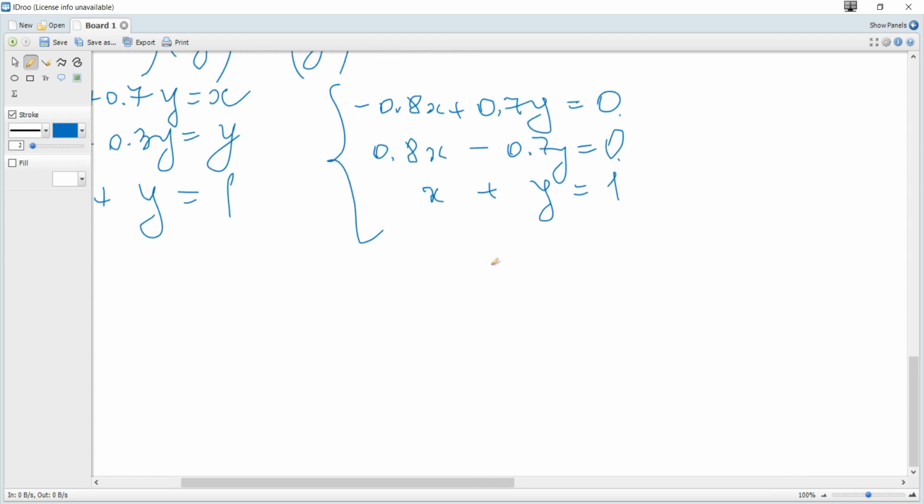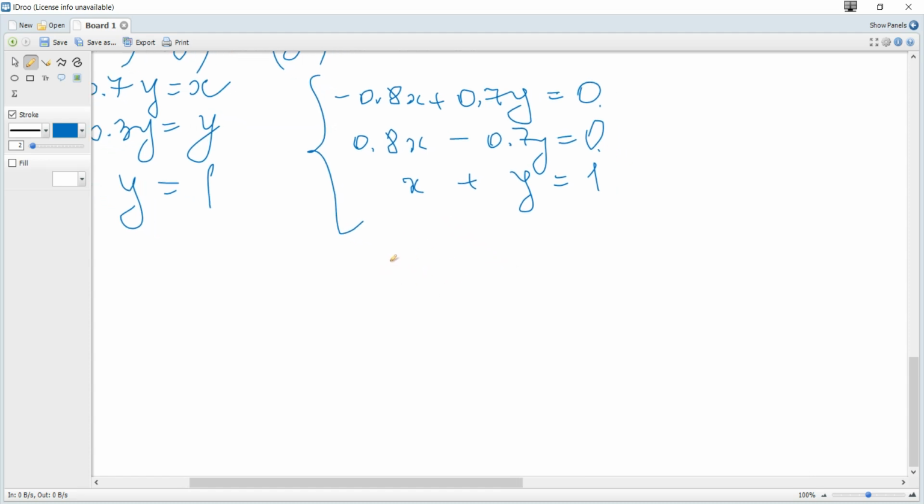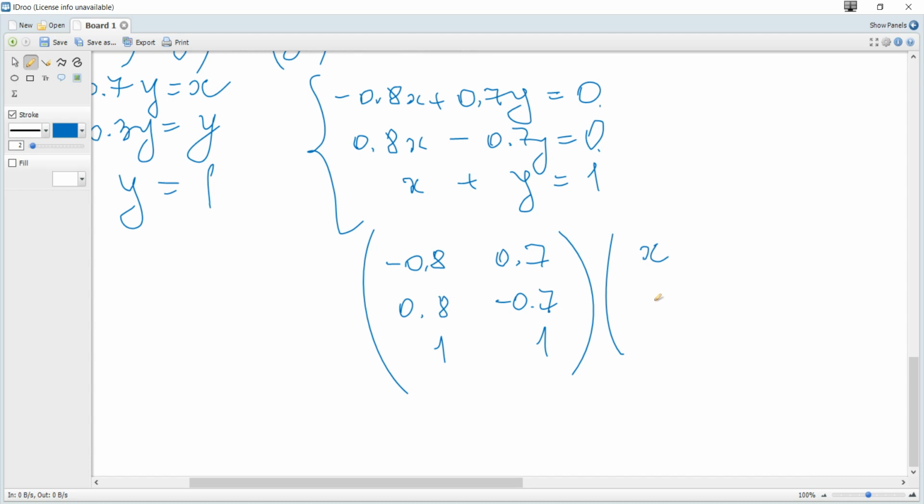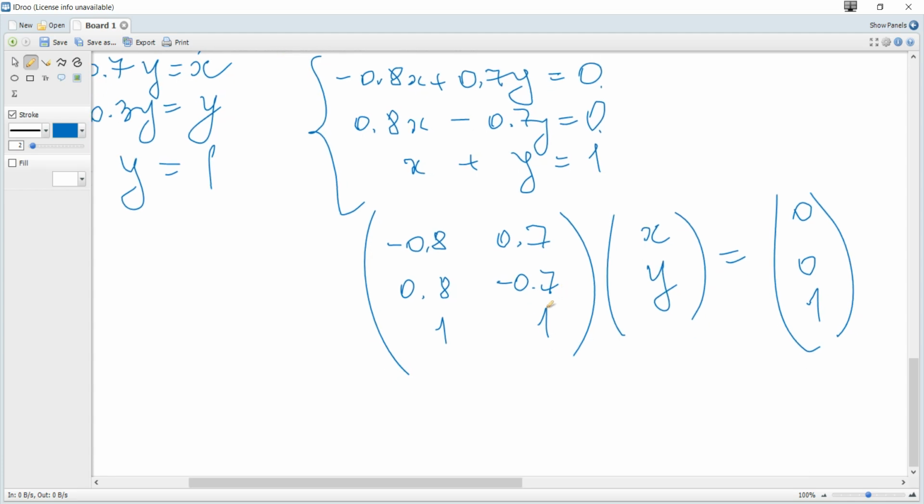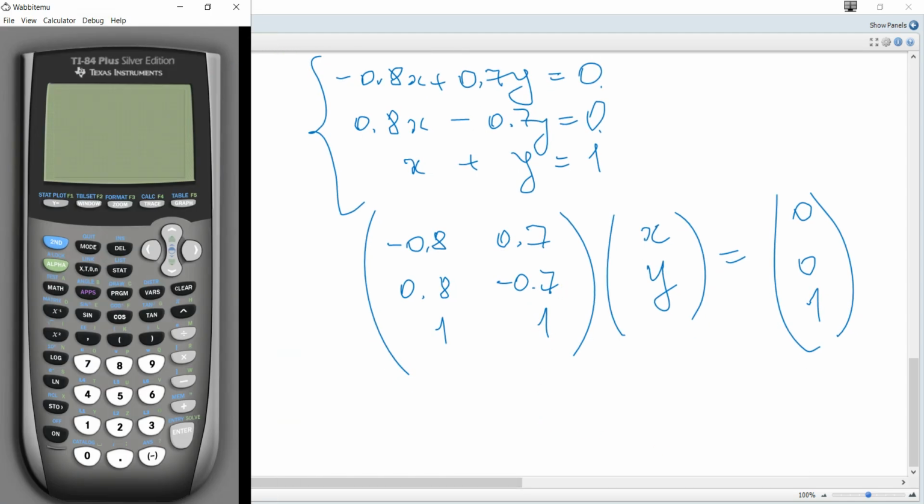How to solve it with the calculator, using matrices? Let's rewrite again in matrix form. It becomes negative 0.8, 0.7, 0.8, negative 0.7, 1, 1 multiplied by x, y is 0, 0, 1. And how to solve it with the calculator?